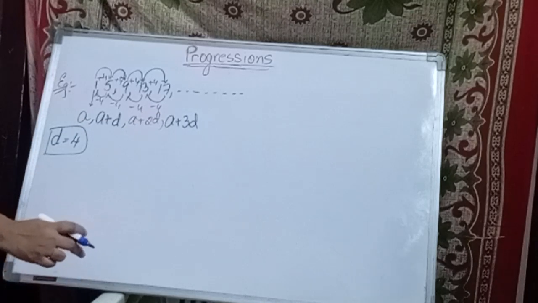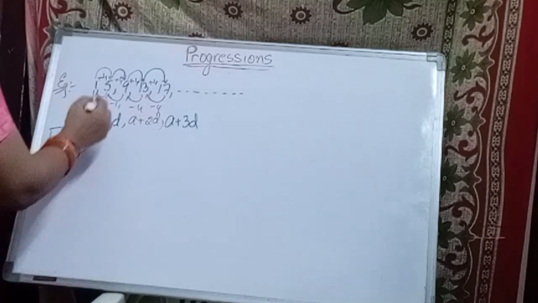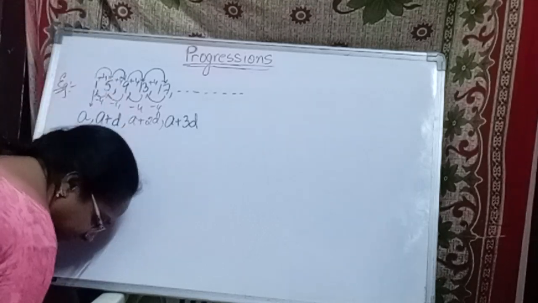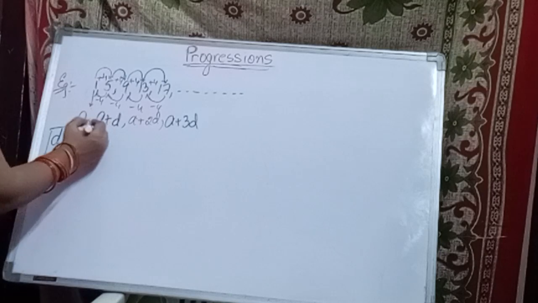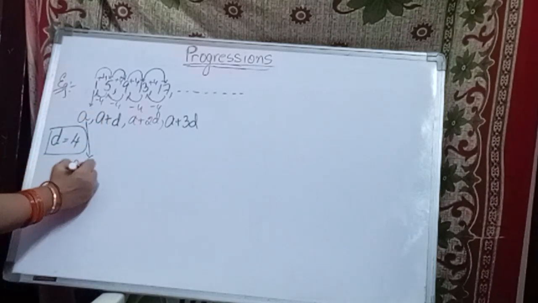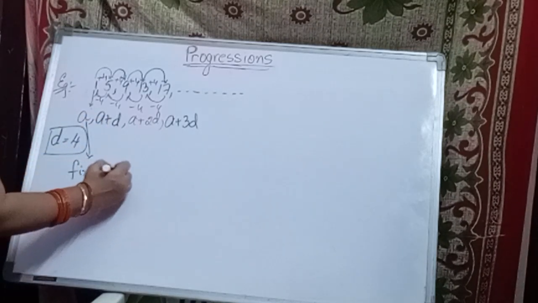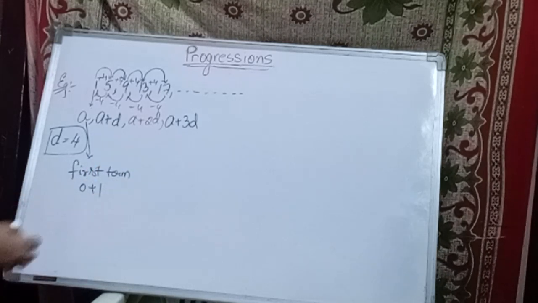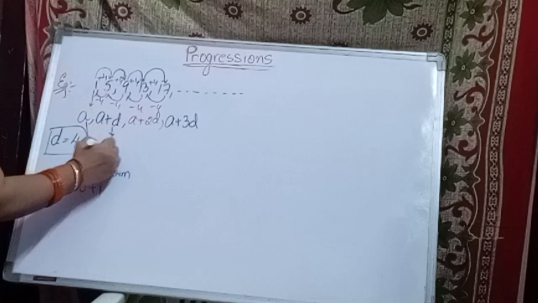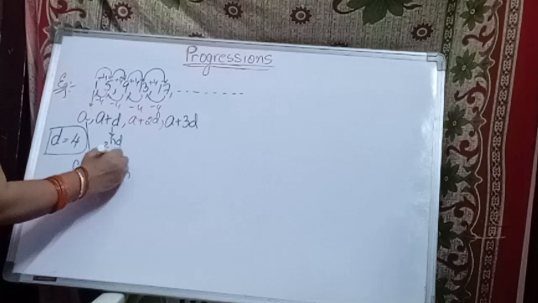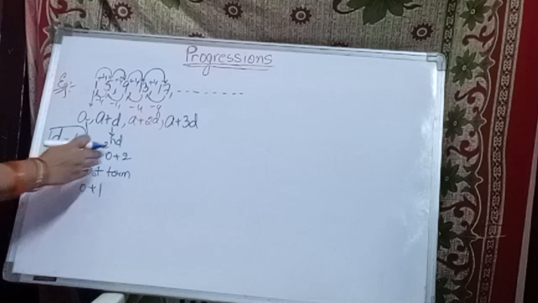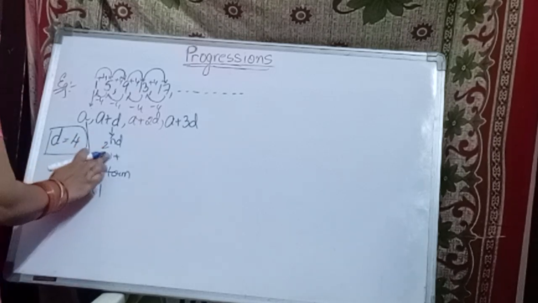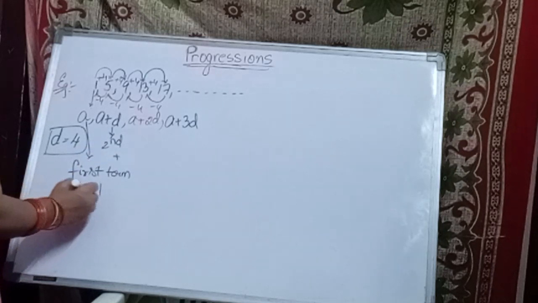The coefficient of D is increasing because if you take this as the first term, which is 0, and this the second, which is 1, we are adding 1 to each one.